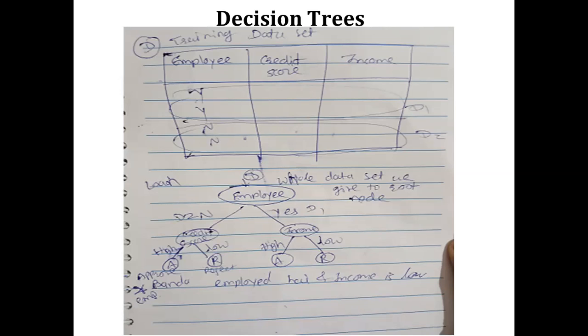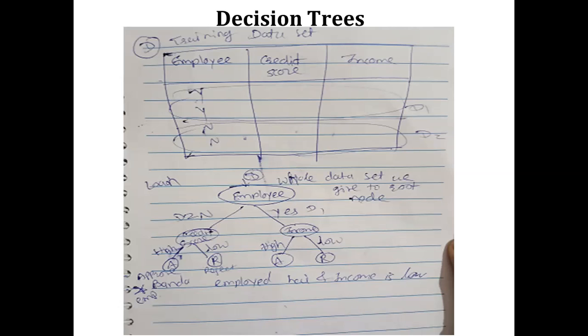So when we give it to this decision tree, employee yes, but the income is low, so whether it is approved or rejected, the loan is rejected.